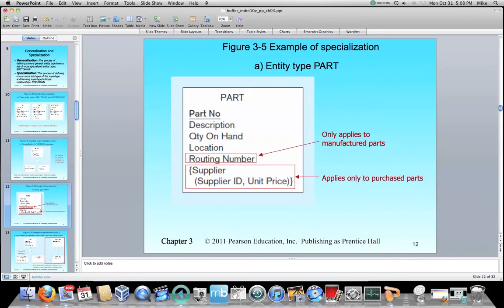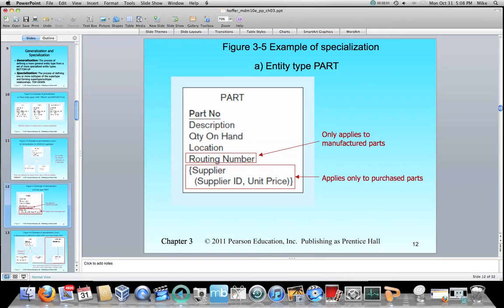An example of specialization would be, here I have one entity called part, and I realize that in a lot of the instances of part, either routing number will be blank or supplier will be blank.